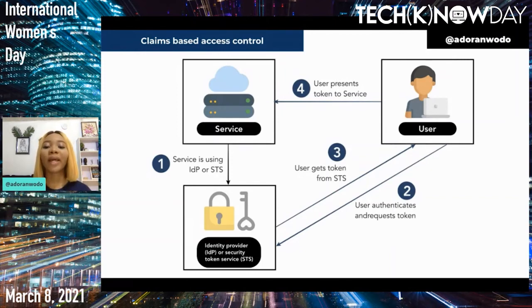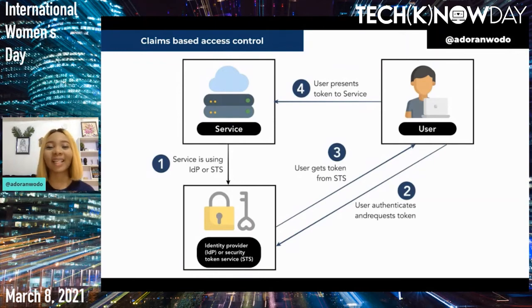So as a user, when I authenticate and request this token, I am calling that provider, and then I get the token from STS, and now I can take that STS token to the service, and I'm like, okay, this is my token, this is who I am, and the service should be able to identify that this is this particular user, and these are the roles, these are the claims present in this user's token.